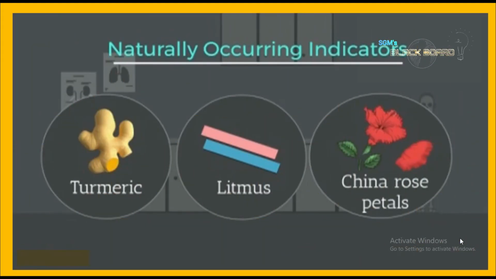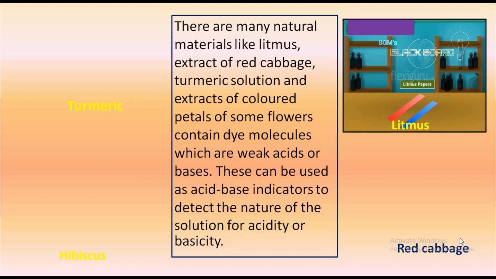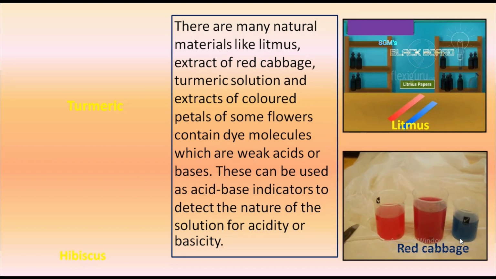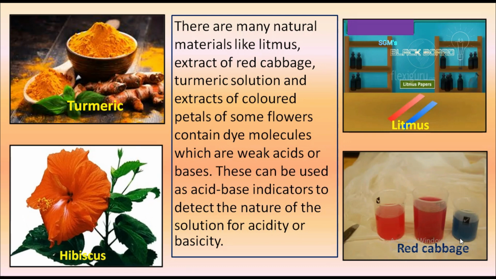Natural indicators. Naturally occurring indicators: turmeric, litmus, China rose petals, etc. There are many natural materials like litmus, extract of red cabbage, turmeric solution, extract of colored petals of some flowers containing dye molecules which are weak acids or bases.